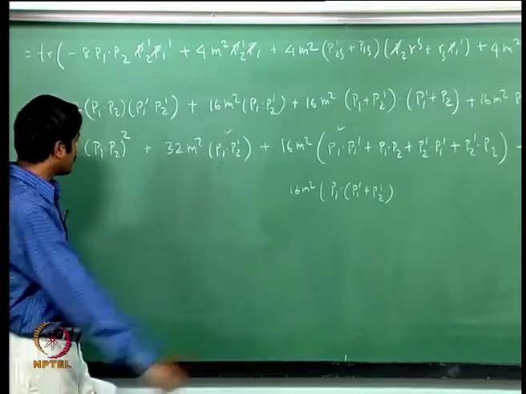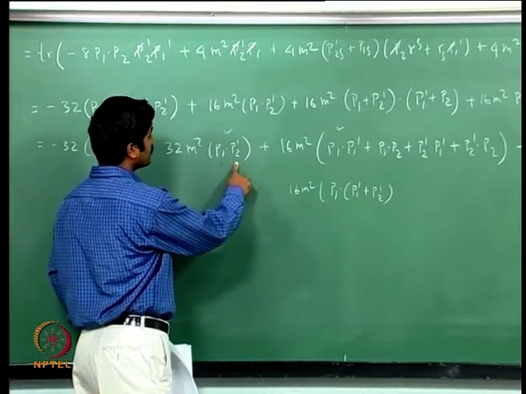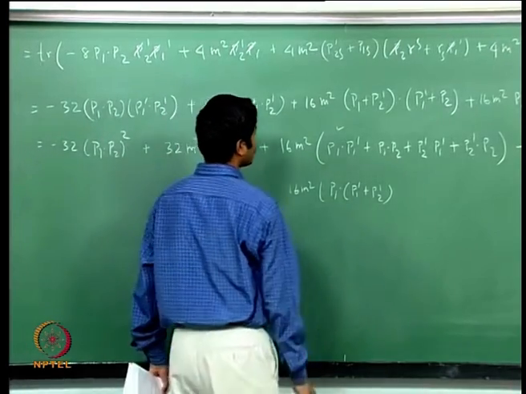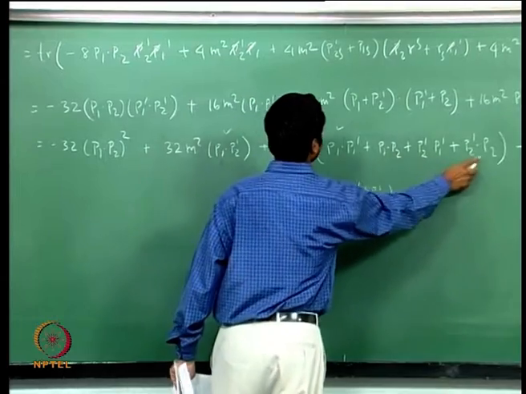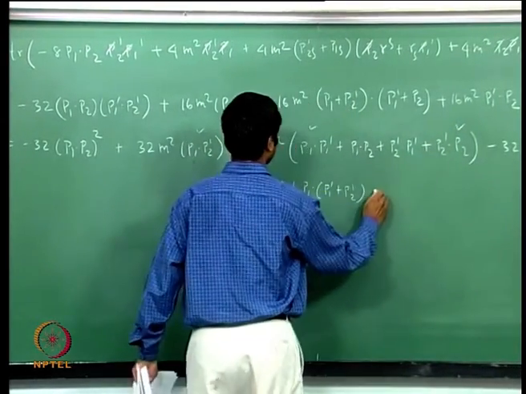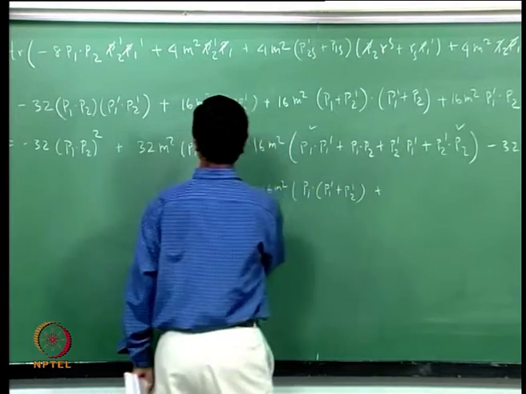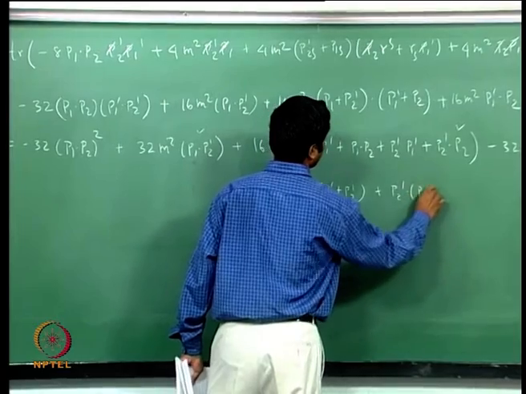Okay. And then again the remaining term here, p1 dot p2 prime, I will combine it with this last term. Okay. Then what I will get is p2 prime dot (p1 plus p2).